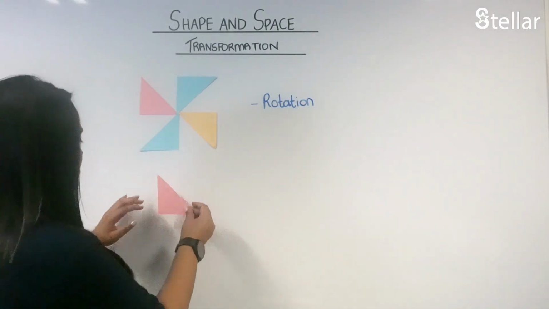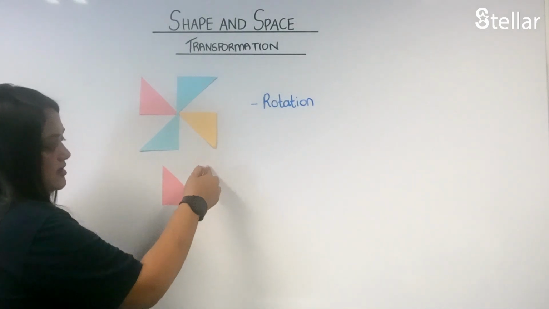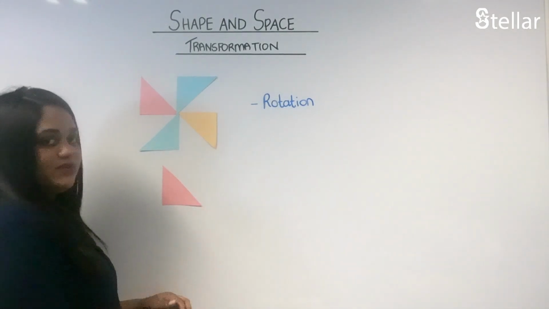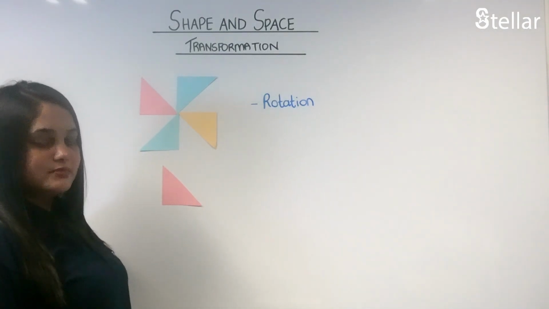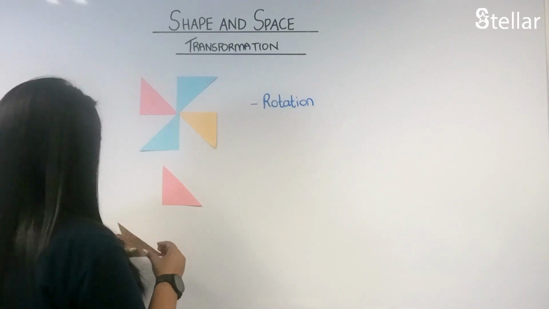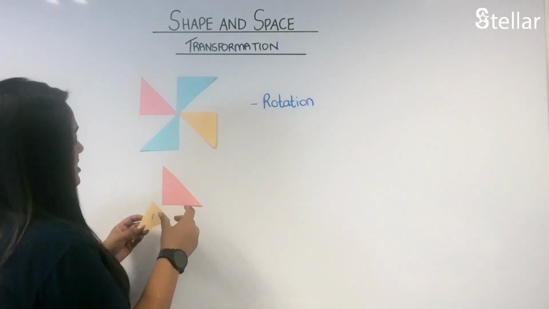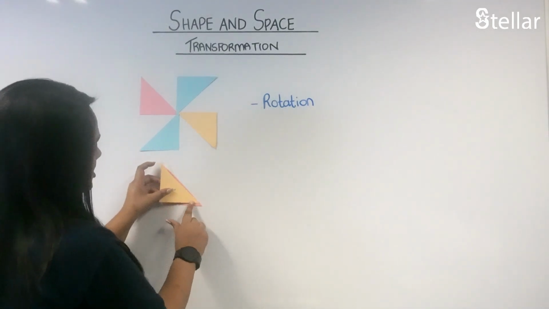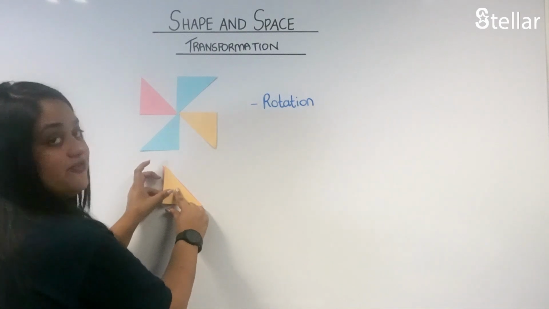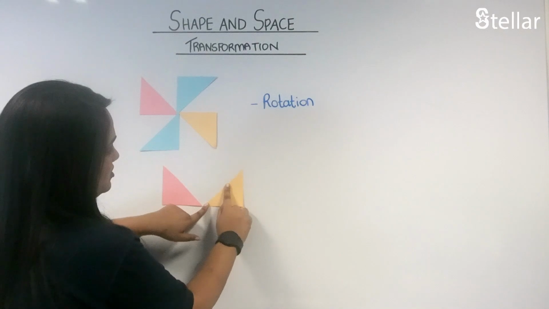Another one would be, what if I held a mirror here or a line of symmetry? What would happen if this is the triangle, right? If this is going to be the triangle, and if I flip it with a line of symmetry, what is it going to look like?